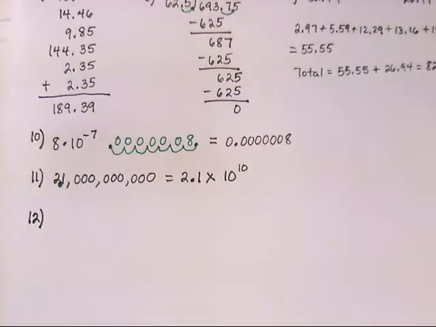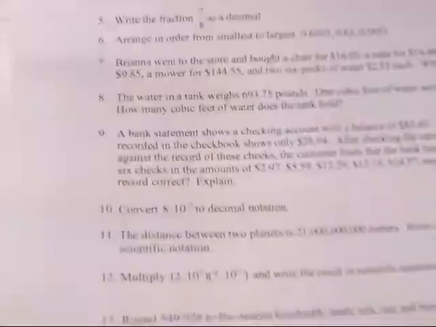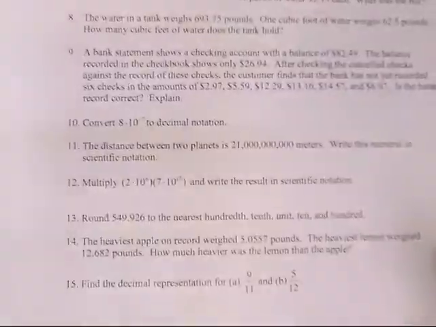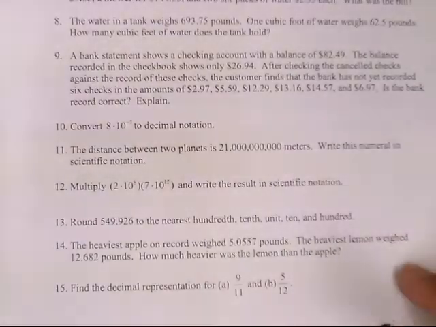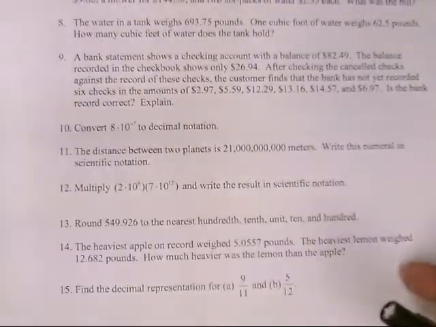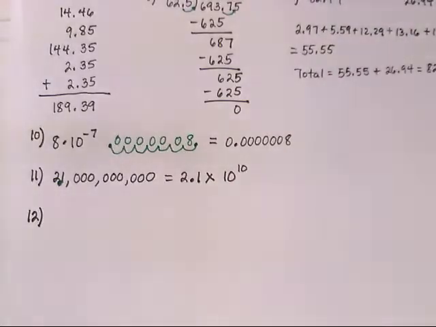Okay, number 12. Here we're going to multiply two numbers that are in scientific notation. Like 2 times 10 to the 6th times 7 times 10 to the 12th.